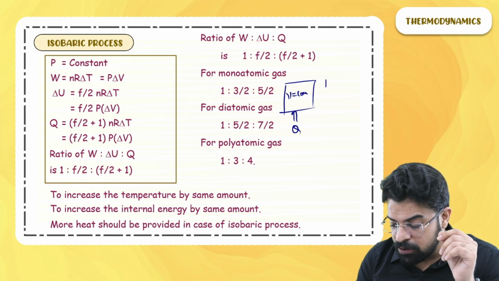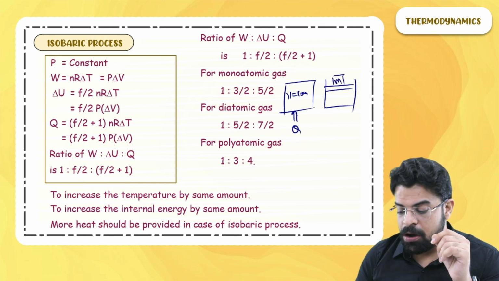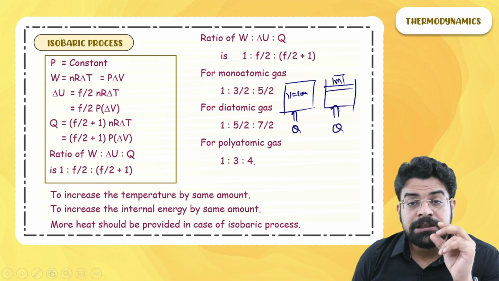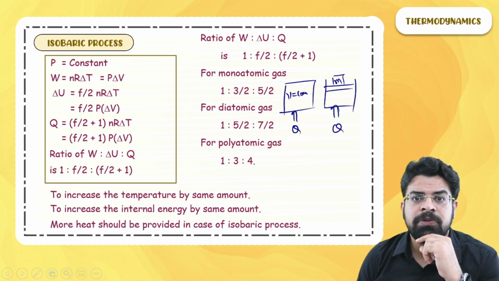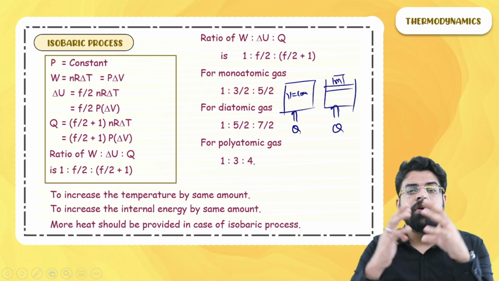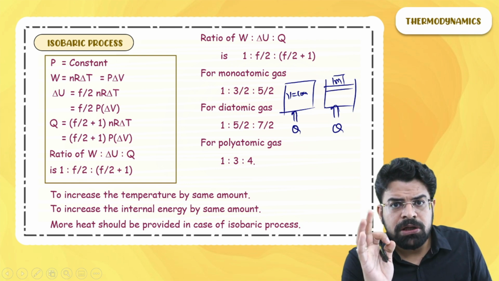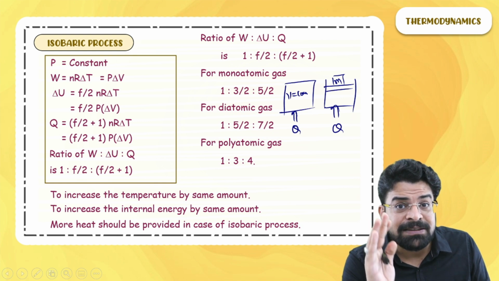But for an isobaric process, where the pressure is constant, on providing the heat, some part of the heat is utilized in increasing internal energy, while some part of the heat is utilized in doing work on the surroundings. So the part of the heat provided utilized in increasing the internal energy is less.